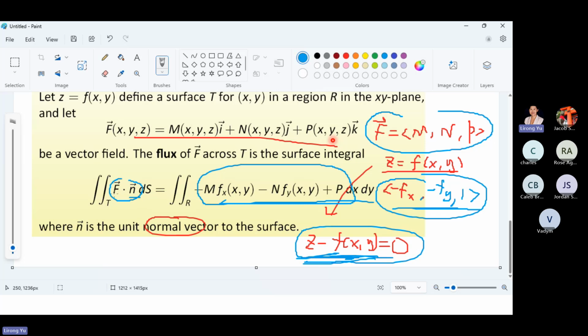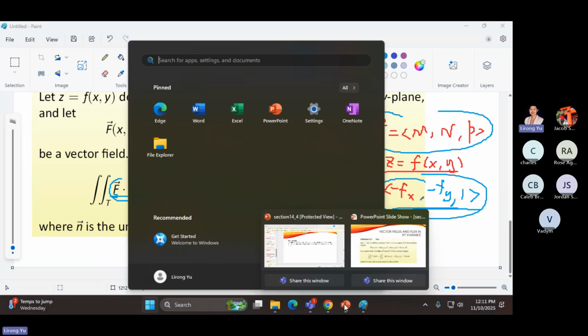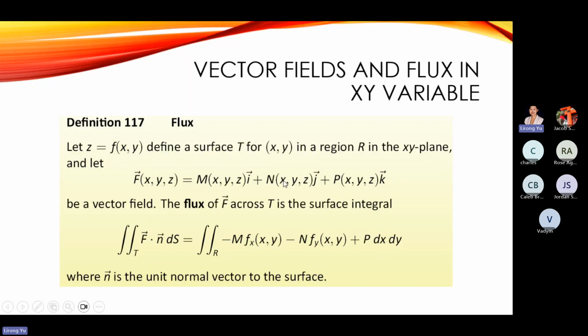If these two are along the same direction, you have higher flux; if these two are perpendicular to each other, maybe you will have a smaller value of the flux. It's the calculation of flux across a surface. This is something that we may have to calculate in physics or engineering, and that's why we practice calculation here.